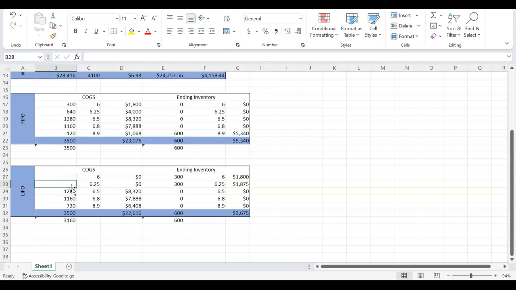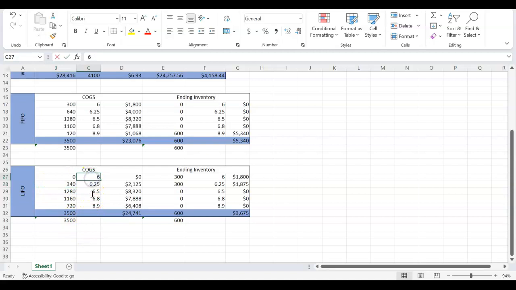And then right above it, we see that we don't quite need 640 to completely fill that up. If we do put 640, that puts us over by 3,000. So we know we can just put $340 or 40 units, and that puts us right at the 3,500. And that means that for that first one, that first purchase, we didn't have any units sold.